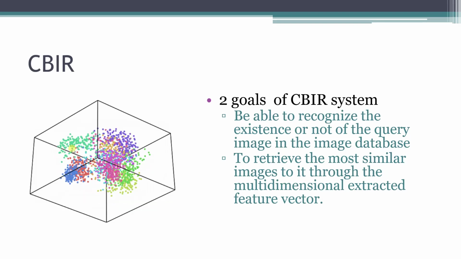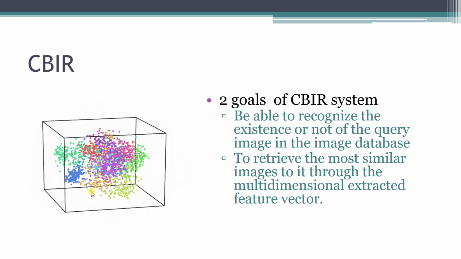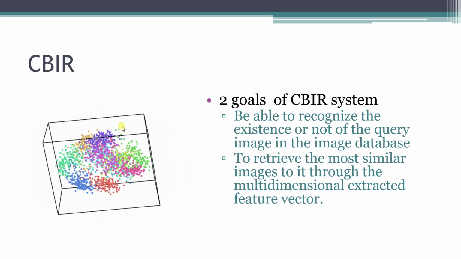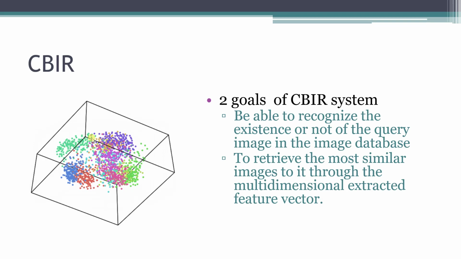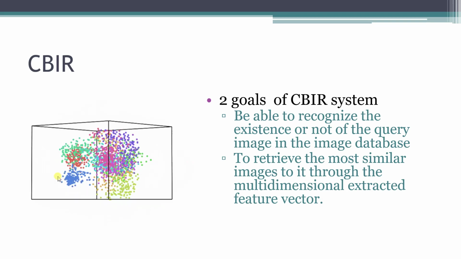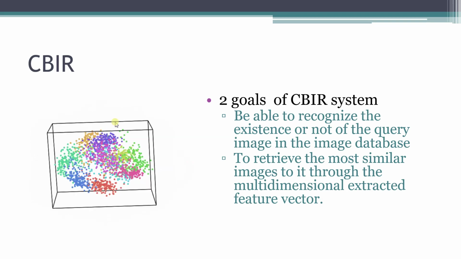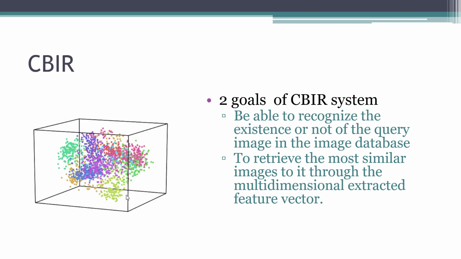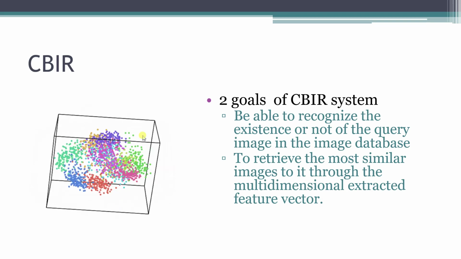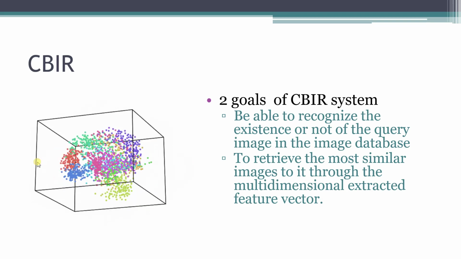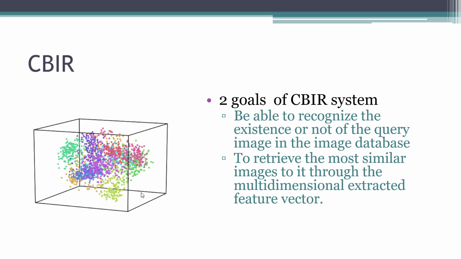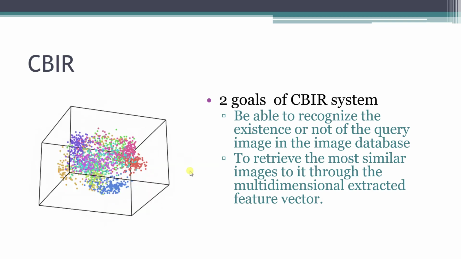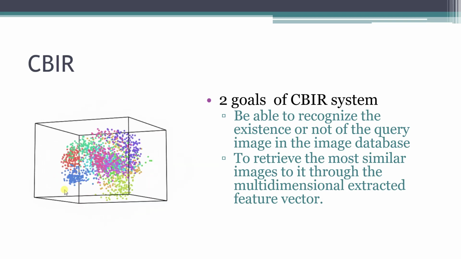Any CBIR system is concerned with achieving two goals. First, to be able to recognize the existence or not of the query image in the image database, and to retrieve the most similar image to it through the multidimensional extracted feature vector. This feature vector is extracted from each image in the database and considered a substitute for the images when a search query is conducted.